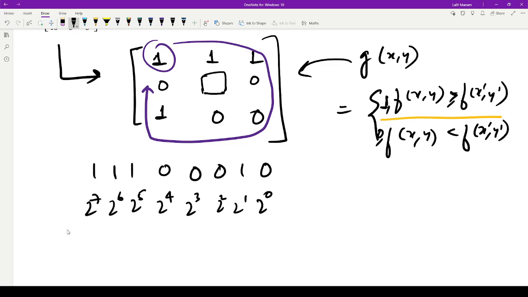Just a small pointer: this convention of taking clockwise and choosing the top left corner as your anchor is just a convention. While implementing you can use whatever way you want to use. It's not a problem. All of this actually gives you some information about the binary pattern.